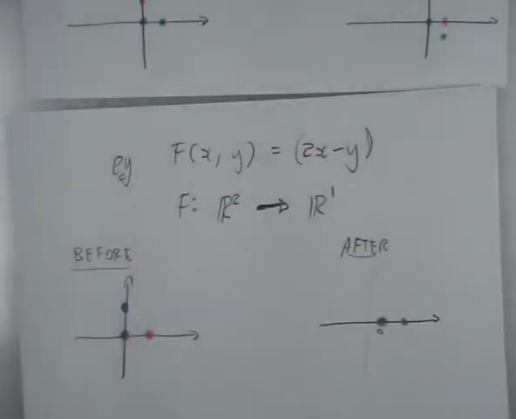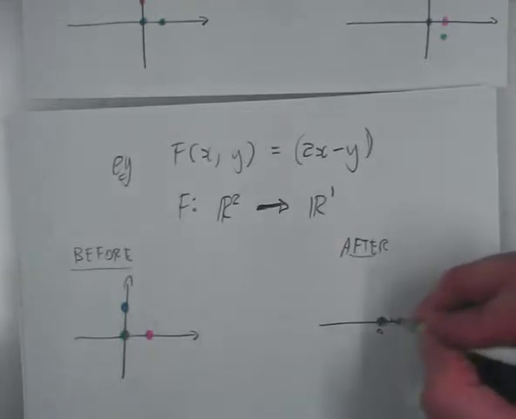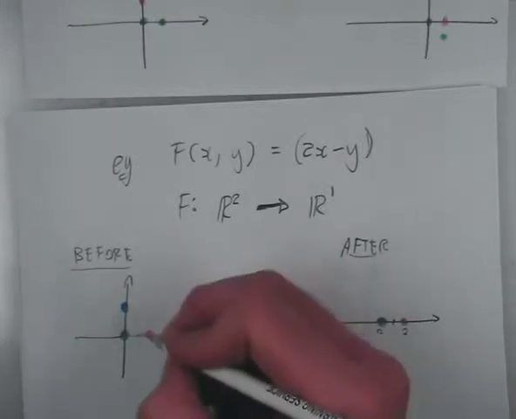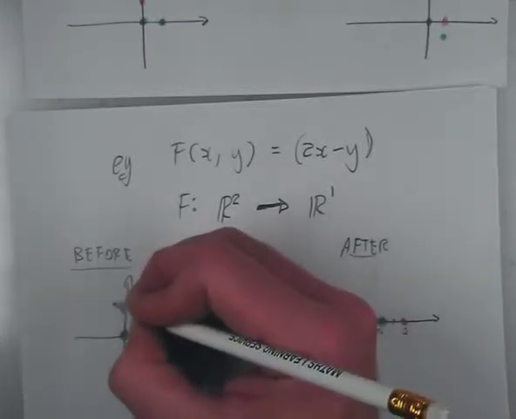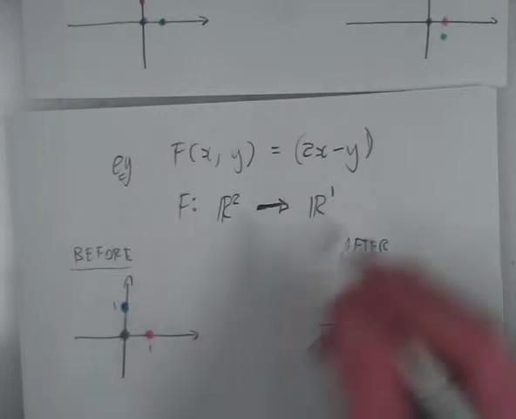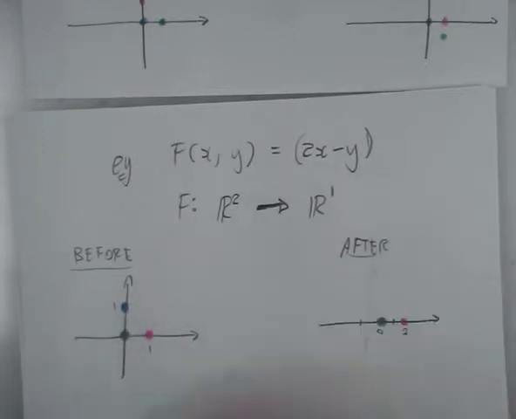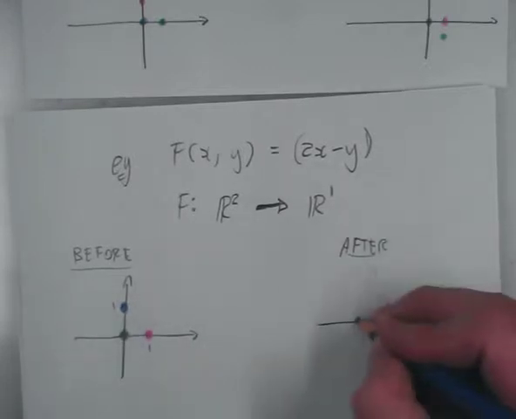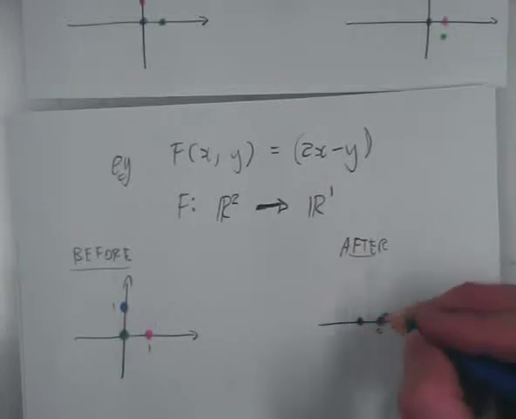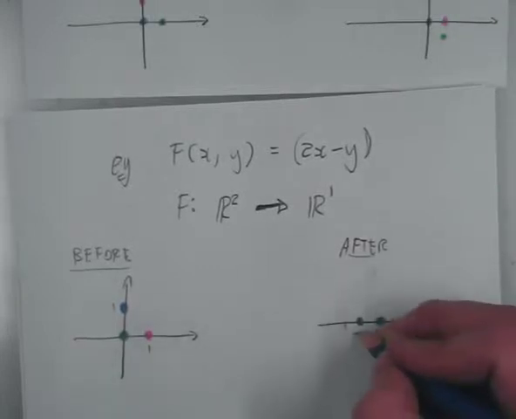Sorry, it's 2. This is the point 2, because it's 2 times 1 minus 0, isn't it? Okay. And here I have the point 0, 1, which goes to minus 1. Which is actually here, sorry.